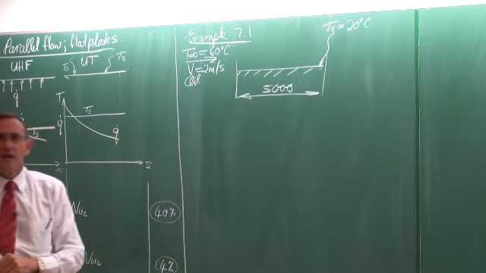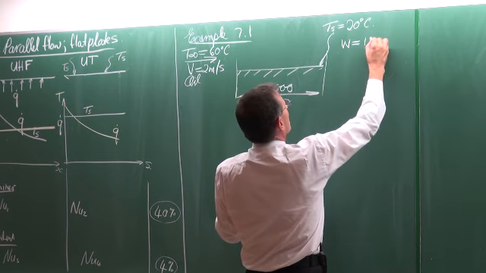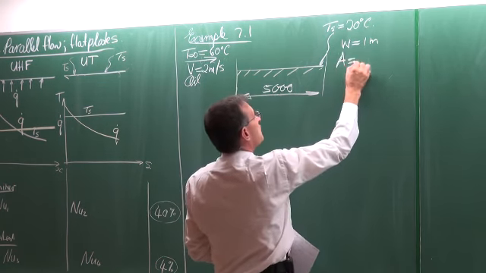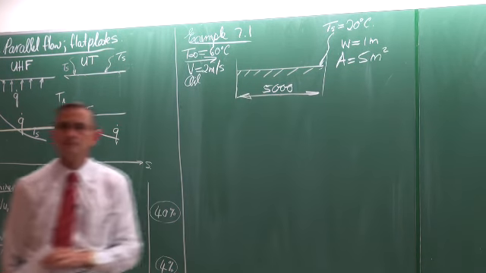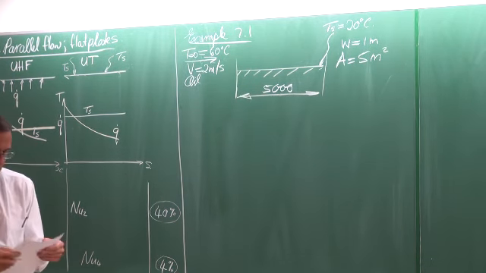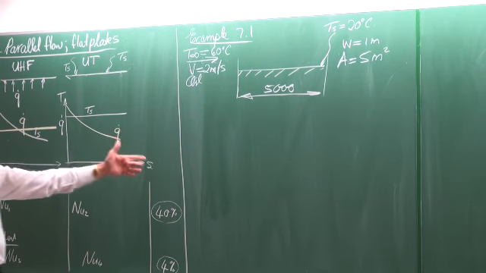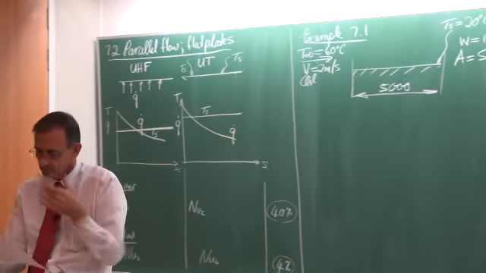The width of the plate in the Z direction is 1 meter, which means the surface area of the plate is 5 square meters. The question is, determine the drag on the flat plate and the heat transfer.